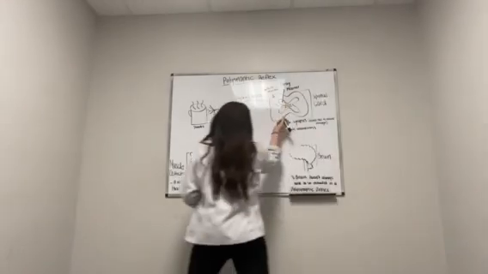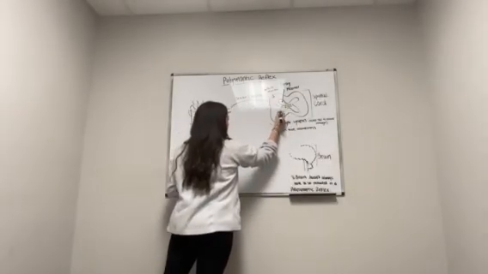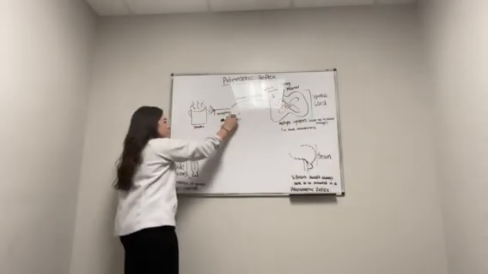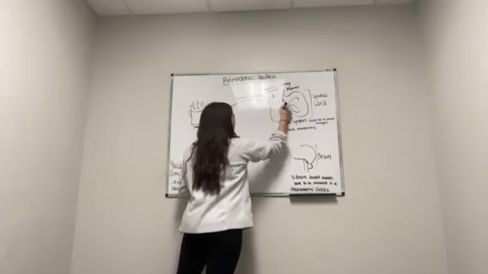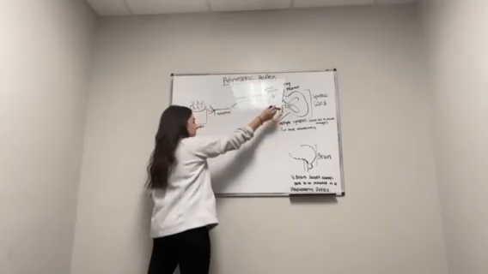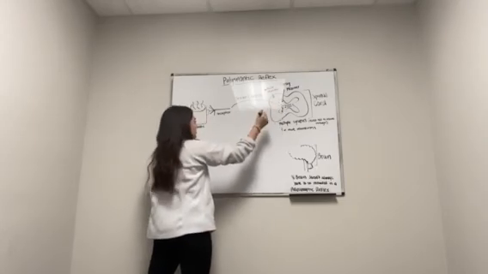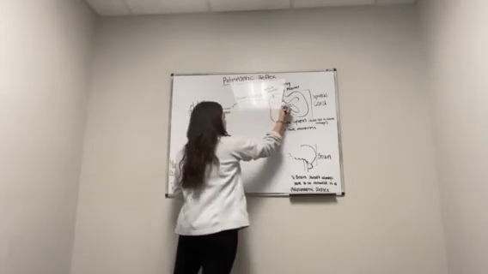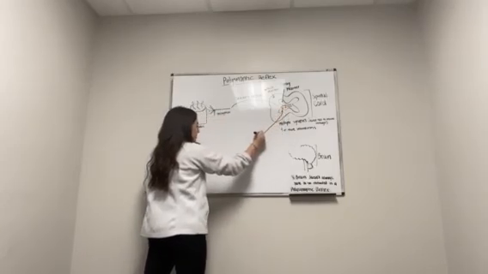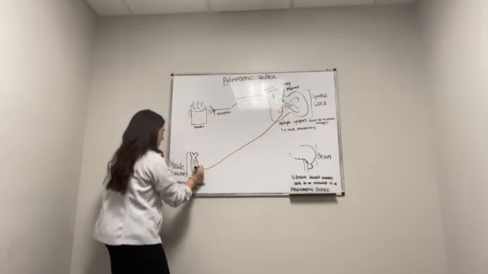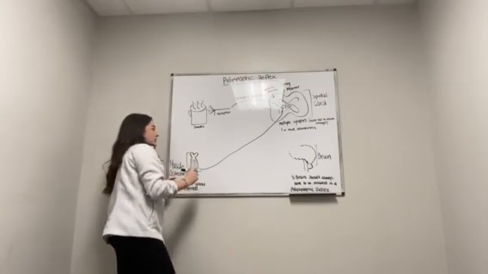So if it does decide that, first the sensory neuron is really going to meet with the interneuron, where that's going to process the information and decide to contract the muscle. Then the interneuron is going to send the motor neuron to the muscle, which is the effector.